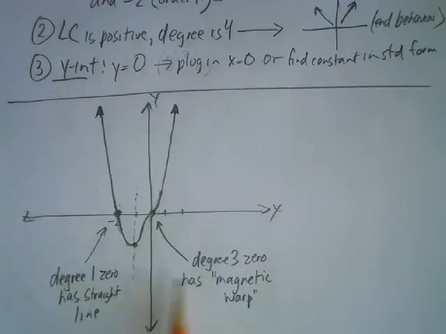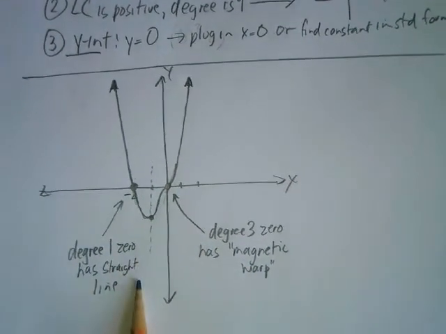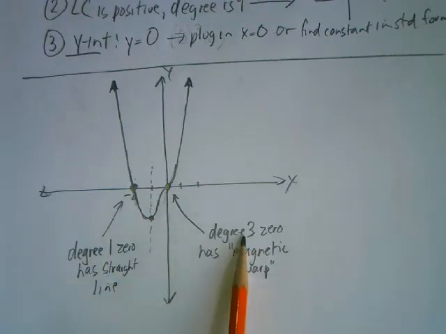Now, you might come across a degree 2, 0 and a degree 4, 0, and they differ as well in their appearance. So we'll see those in a future lesson, but you could look at a graph and say, well, that's got a degree 2, 0, and that's got a degree 4, 0, just by looking at the graph.